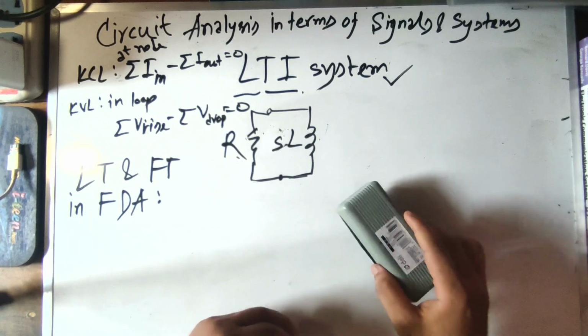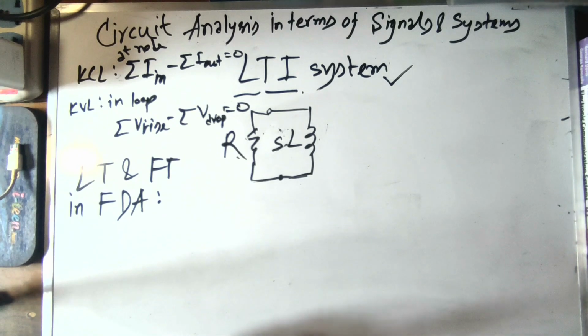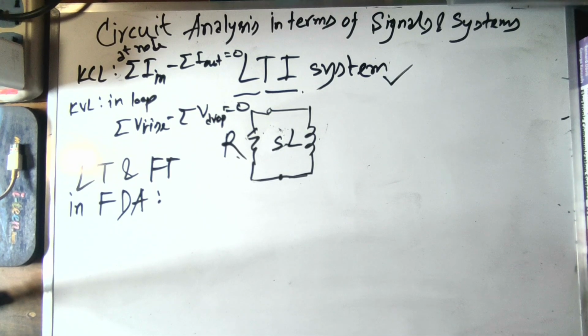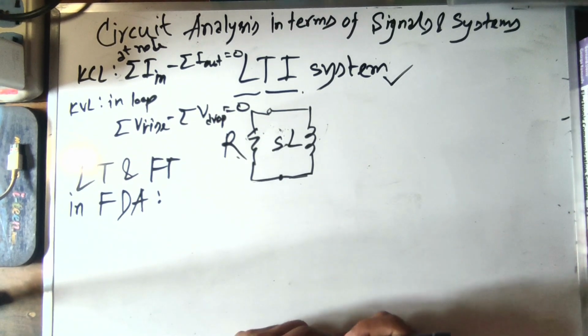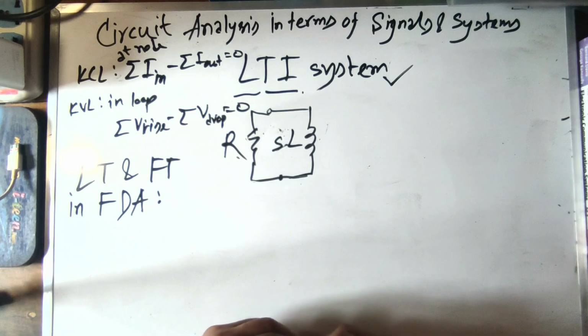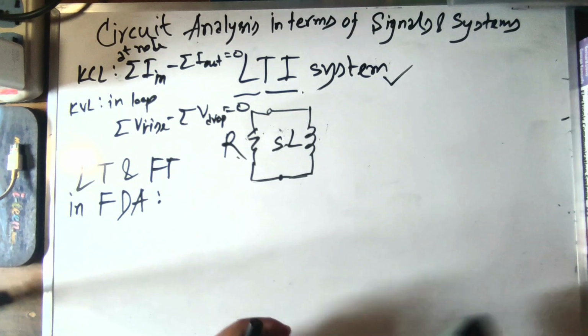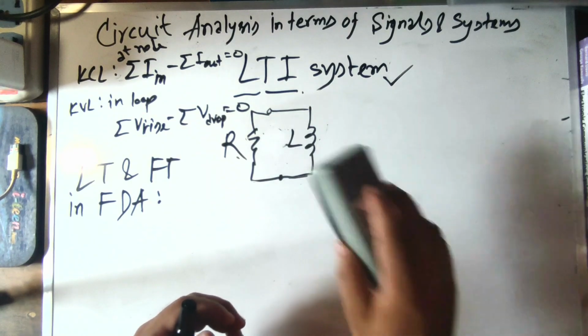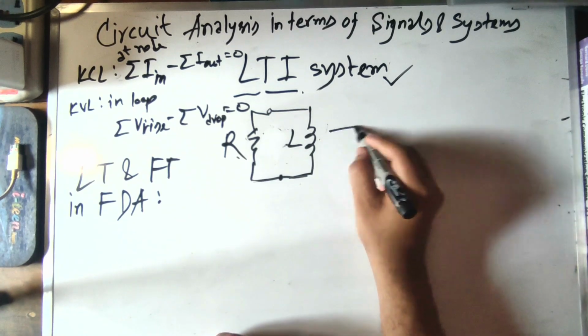As the circuit has an initial current, in the inductor specifically, it will have an extra current or voltage in the Laplace domain.